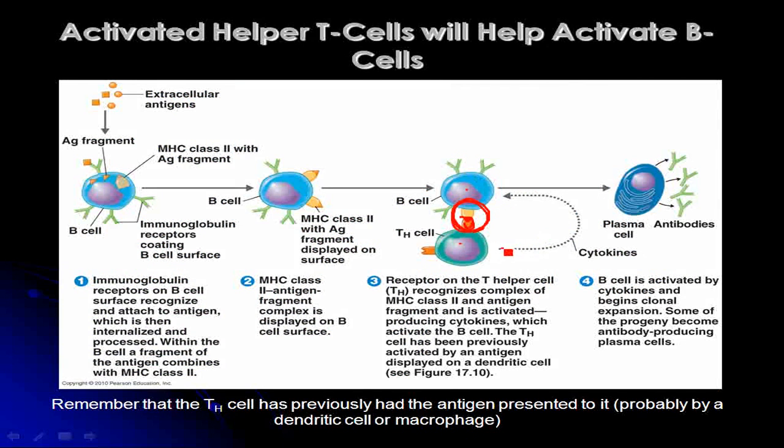Once this has happened, the helper T cell produces cytokines, and that stimulates the B cell to start multiplying. Okay? And many of those cells will specialize into plasma cells that produce antibodies.